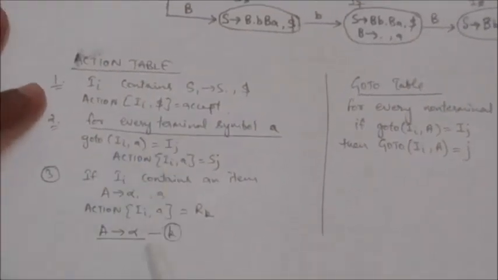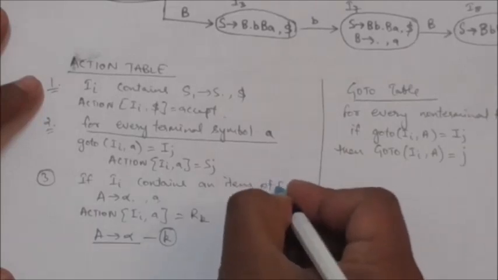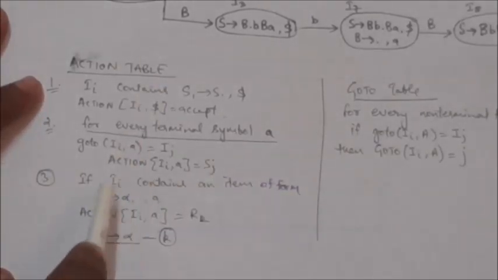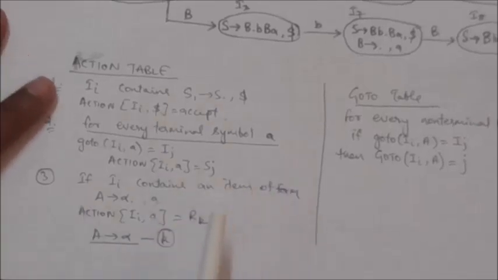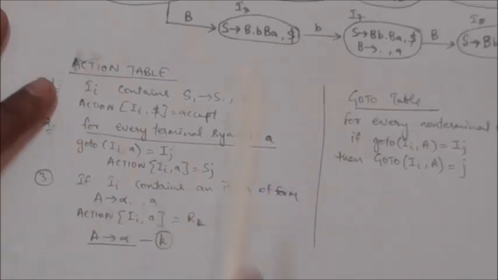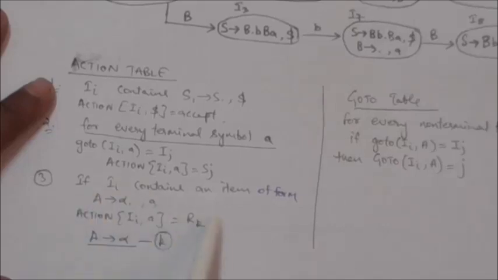Now the third rule for filling this action table: if state Ii of the DFA contains an item of this form, A derives alpha dot, with lookahead symbol a, it means if any state of the DFA contains an item like this, in which on the right side the dot is at the rightmost position, then in the action table at the row labeled by Ii and column labeled by terminal symbol a, where a is the lookahead symbol of this item, in that entry we will write Rk.